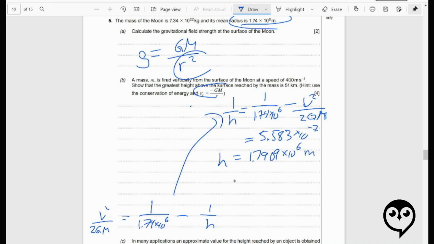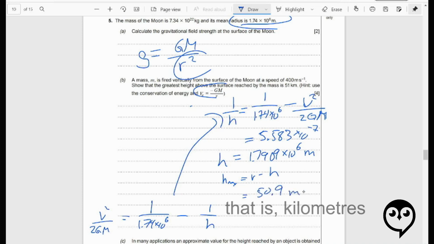And then, of course, we need to subtract. I've called it H, but whatever you want to call it, now we'll call this H max. It's going to be the radius minus that height there. So I'll just keep on my calculator that number minus the 1.74 times 10 to the 6.